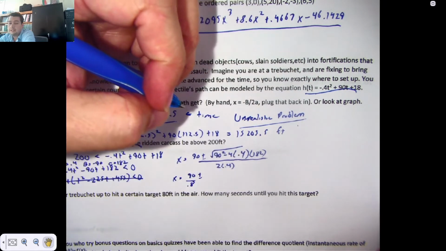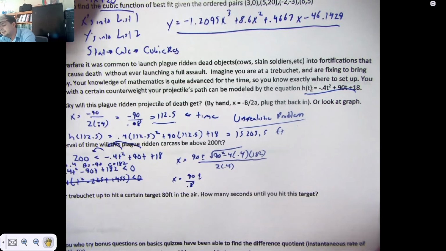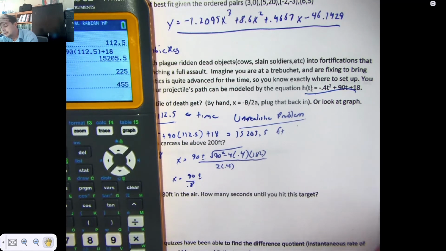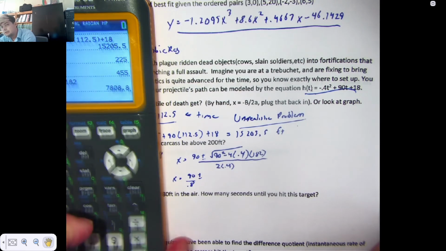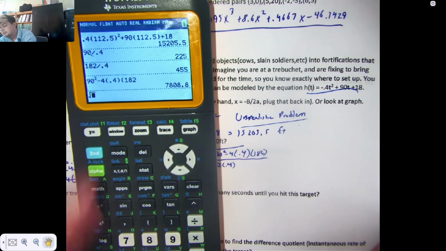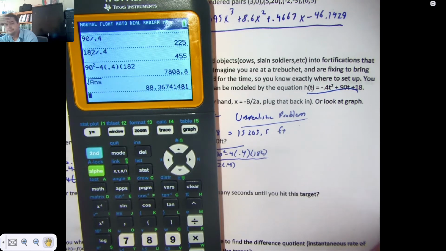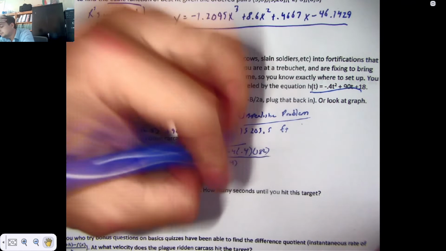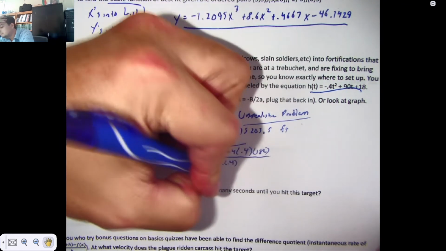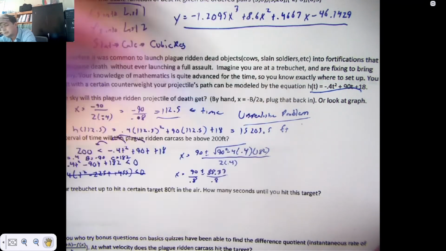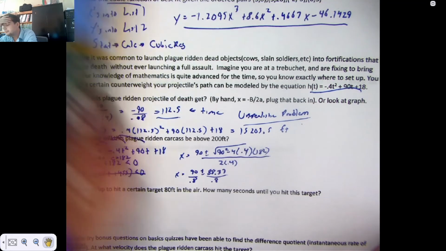Let's see what happens when we do 90 squared minus 4 times 4/10 times 182. It would be amazing if this came out with a perfect square root. It's not. It's 88.37. And both pieces are over 8/10.